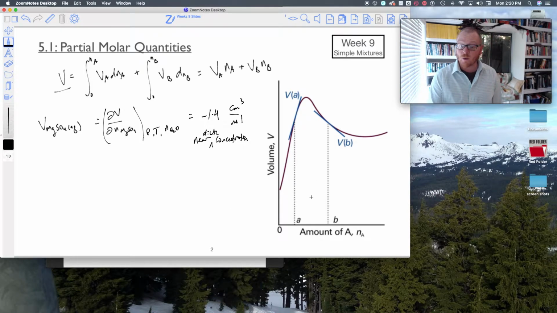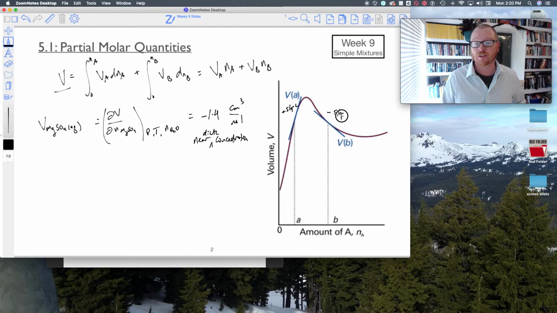So what does that mean? Well, if you look at this graph right here, volume versus amount added, you notice that there are regions in which there's a positive slope, and some regions in which there's a negative slope. And so aqueous solutions of magnesium sulfate have this example where you see a negative slope for the partial molar volume. So what does that mean physically?